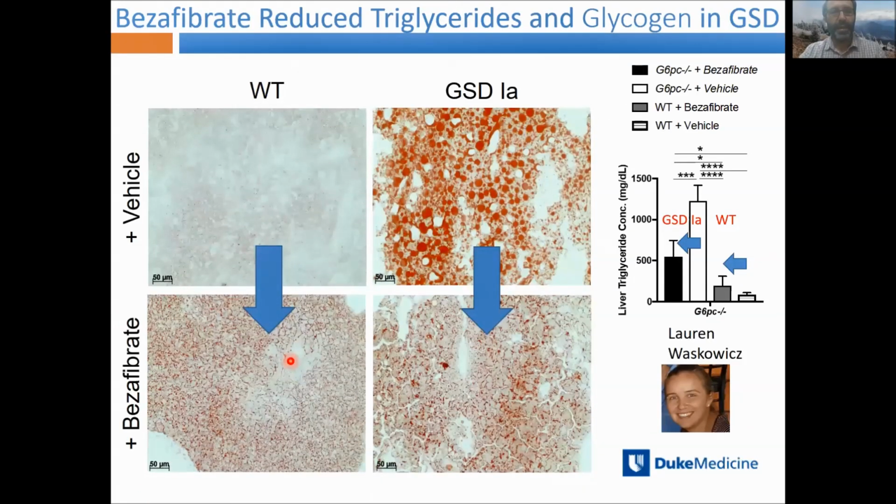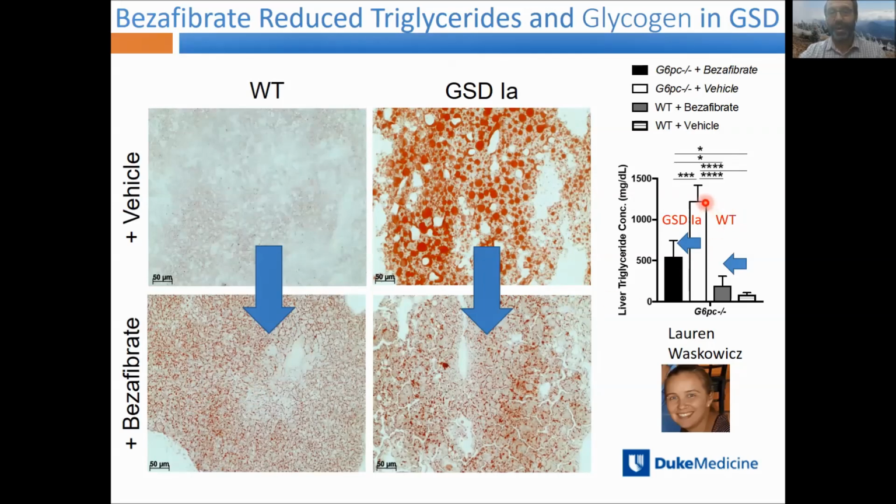We then studied another drug, bezafibrate, which is well known for activating fatty acid oxidation, for burning fat, including triglycerides. We show that the effect was good in the GSD1A liver, going from lipid-filled hepatocytes, all in red here with the Oil Red O stain, to a much more normal appearance, just like the wild-type liver from littermates who were also treated with bezafibrate.